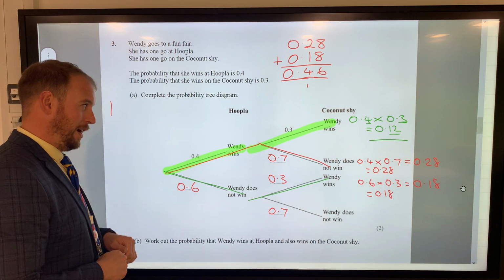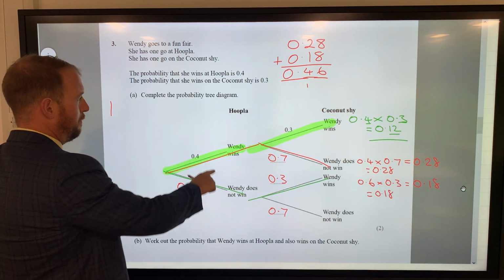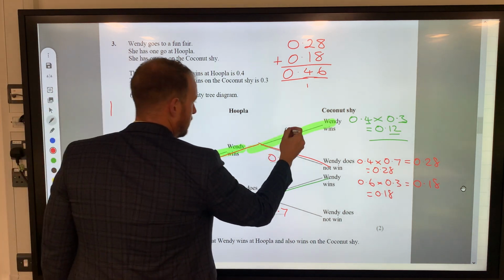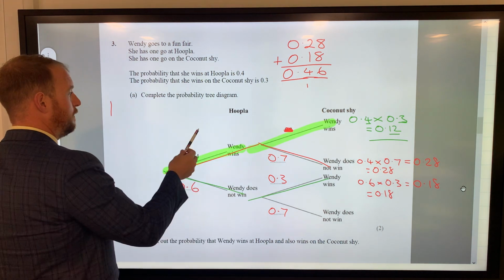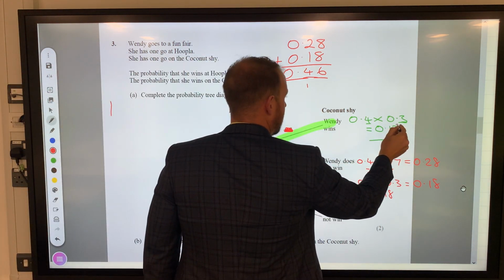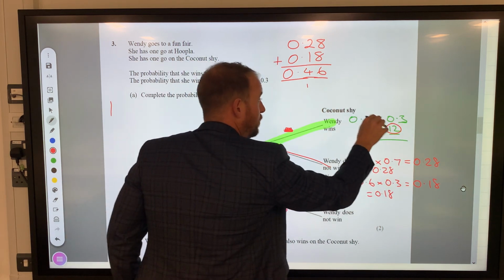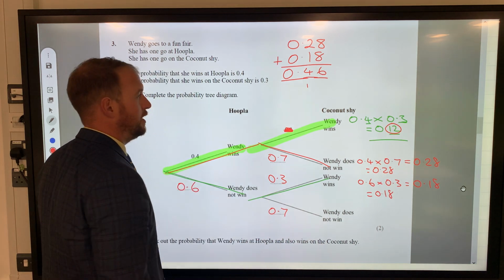What they also have, they might give you a statement up here saying that the probability of Wendy winning at Hoopla and Coconut Shy is 0.12, and then you've got to use that information to calculate this one, then follow the tree diagram.